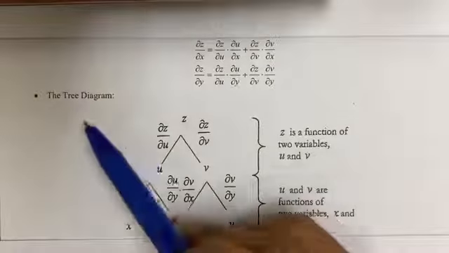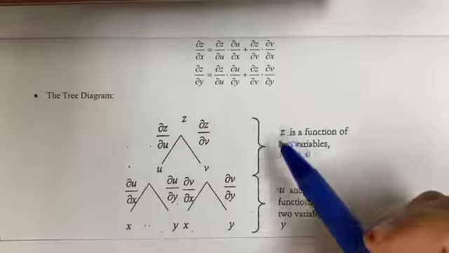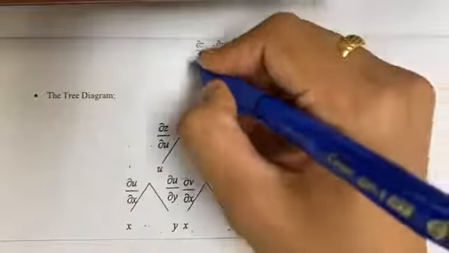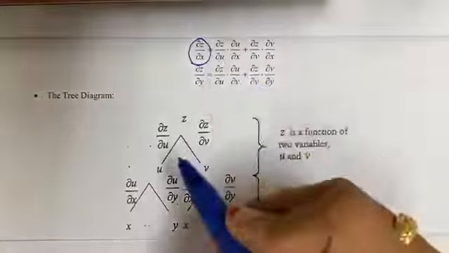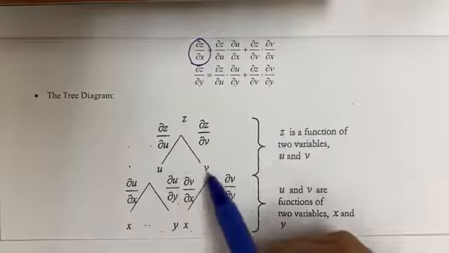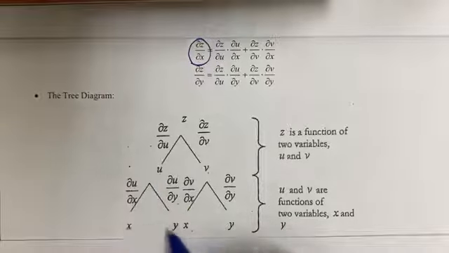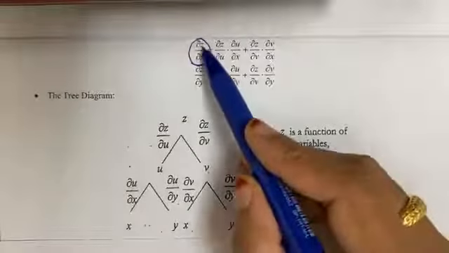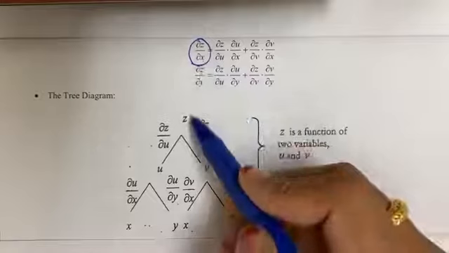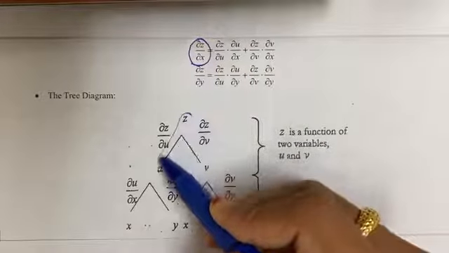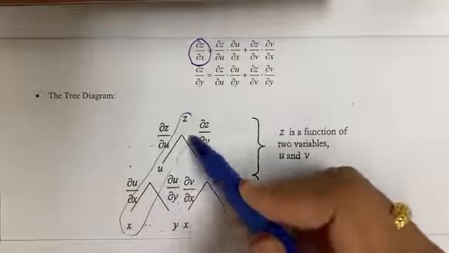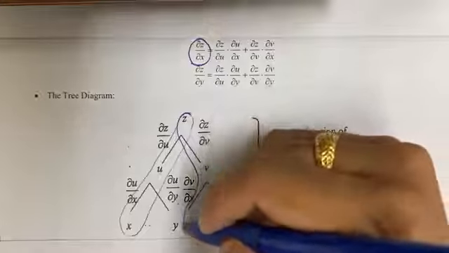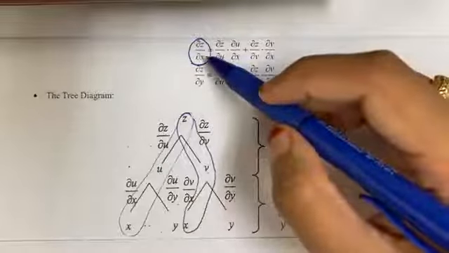So this is the tree diagram I mentioned before. Let's see how this relates to the tree diagram. First, let's focus on ∂z/∂x. You see z is a function of u and v, and u is a function of x and y, as well as v, a function of x and y. So to find ∂z/∂x, refer to this branch: z, u, and x, and another one, z, v, and x.